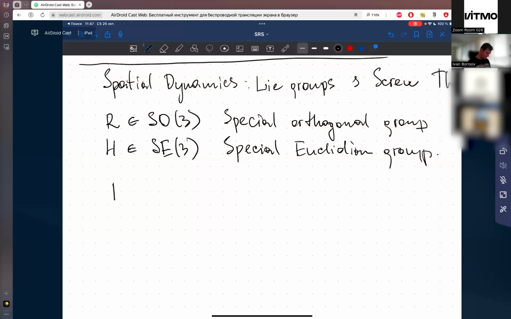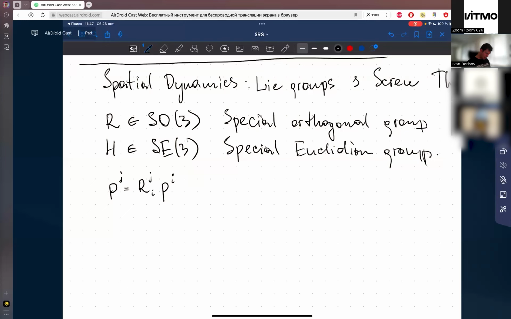For example, we have a position vector p of a physical point P, described in some frame I. And we would like to know the position of the same physical point P, but not in frame I, but in frame J. If we just consider rotation, we need to multiply by the rotation matrix.